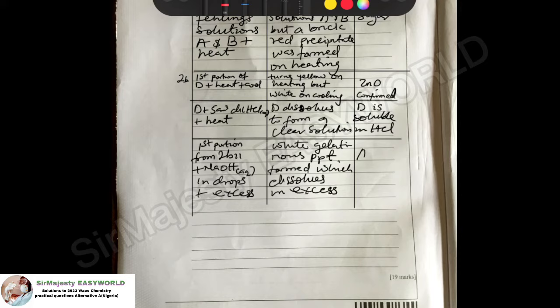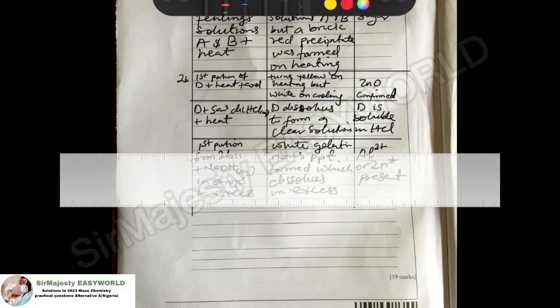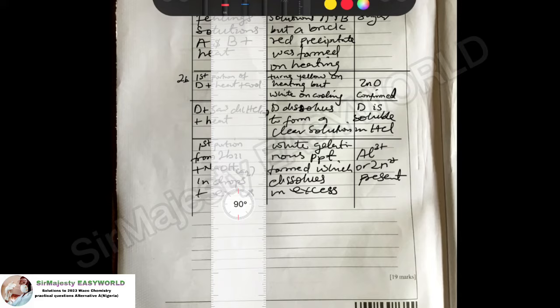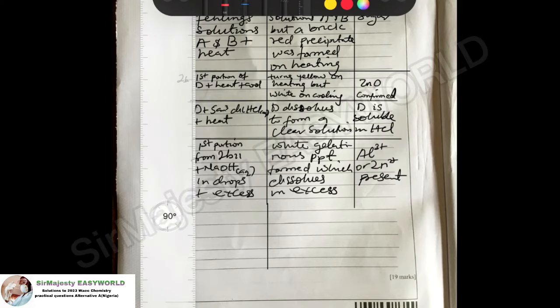Inference: since it's gelatinous, it's going to be aluminum or zinc likely present. So the next thing, it means you have to extend our table, because they say to the second portion you do the same thing, but this time around with aqueous ammonia, no more sodium hydroxide.